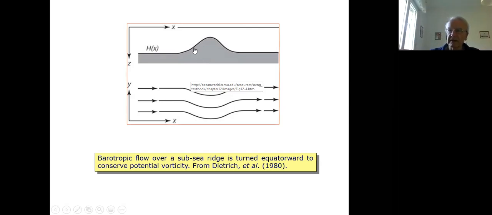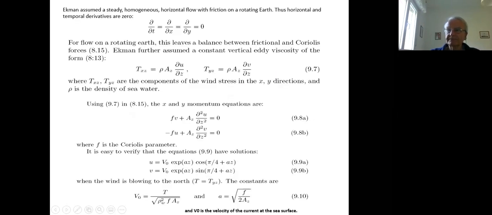If you have this type of pattern of the bottom, then the particle will be moving northward of this thing.